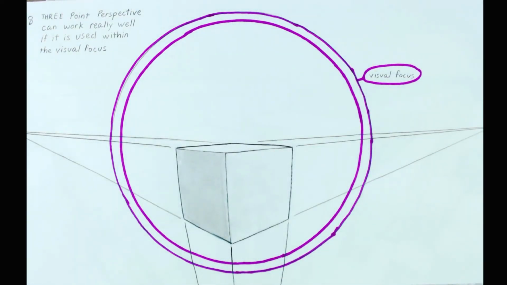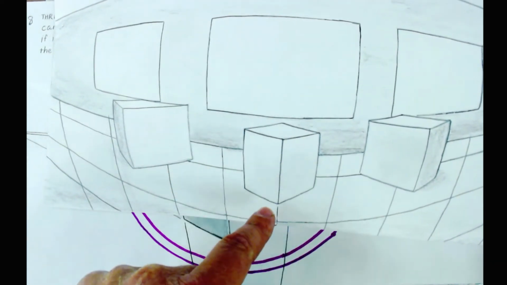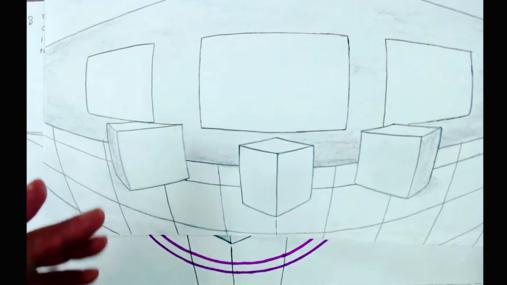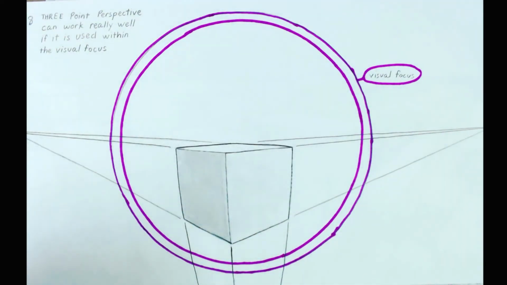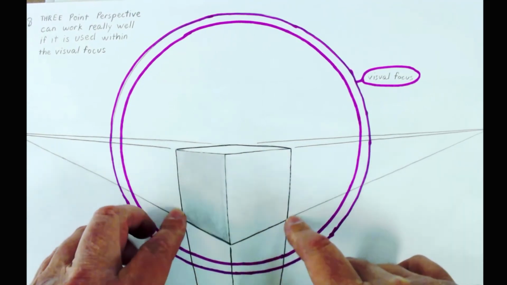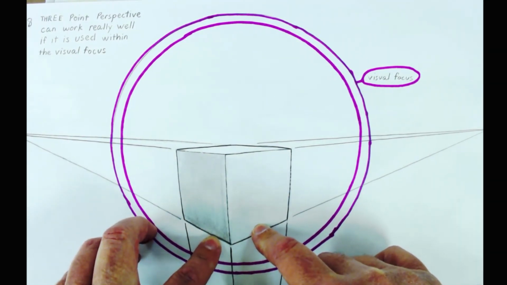Okay, so if you'll notice that the center cube actually didn't look too bad. This rectangle right here, it didn't look so bad because that was in the center. And so if we were to use three-point perspective, you would see that we could use it in the center, just like this.